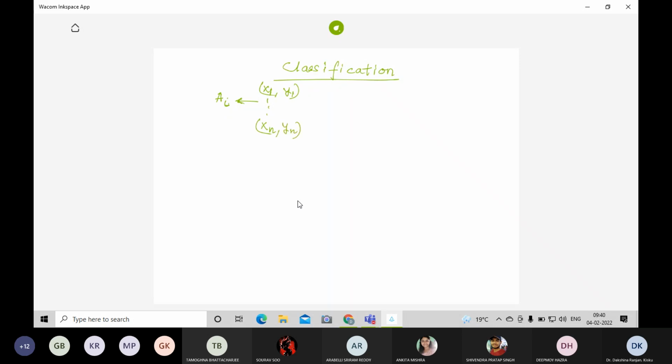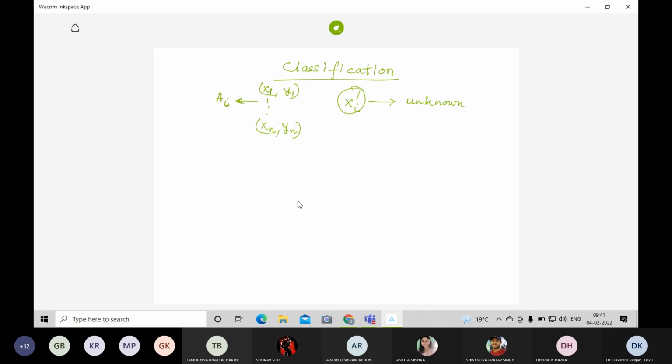This data set will be used to train the algorithm. The task of the algorithm is to classify new patterns. Now suppose there is some unknown pattern x_i dash. We don't know the class label of x_i dash.